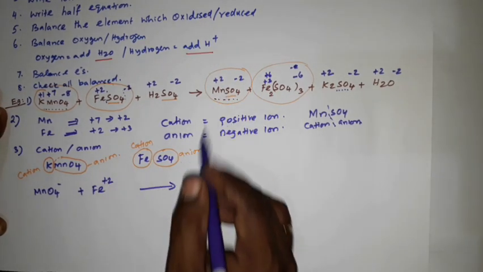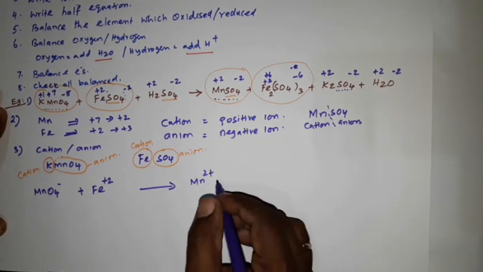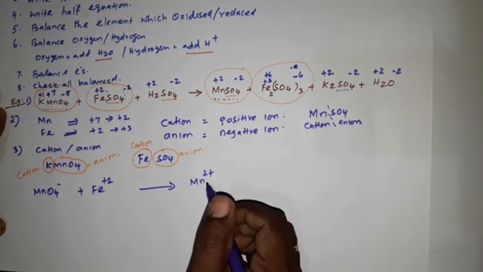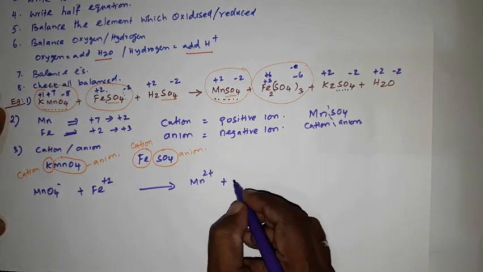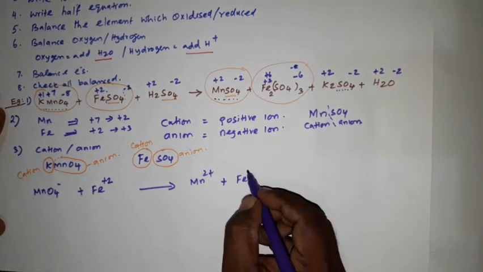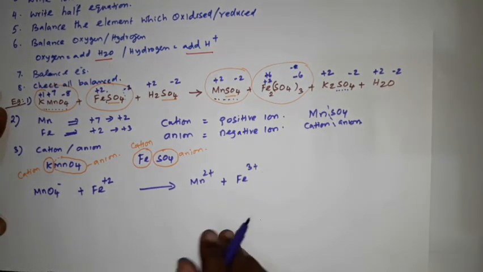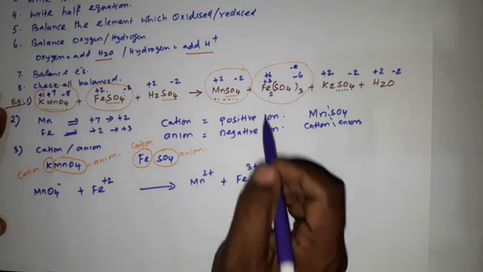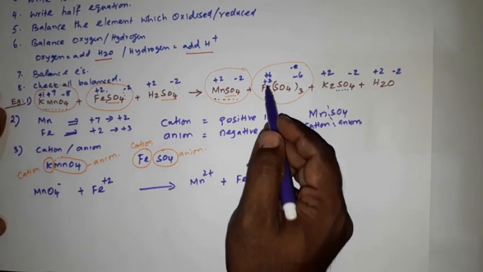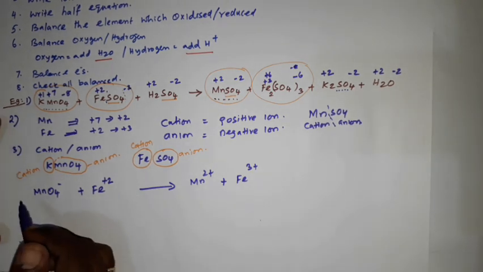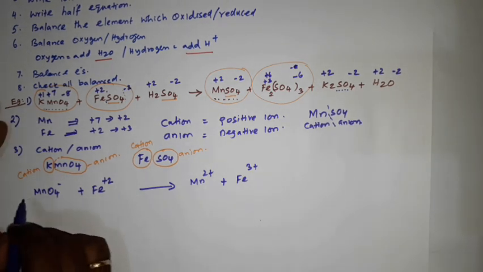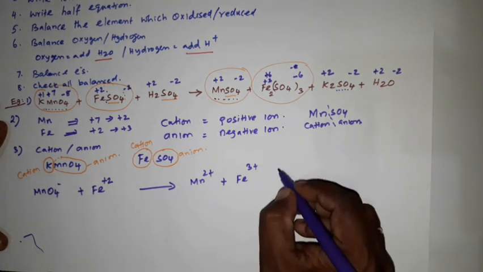We select Mn2 plus because the manganese ion charge is 2 plus. Here Fe3 plus, so the oxidation number here is 3 plus, and we write 3 plus here. So this is the ionic equation.